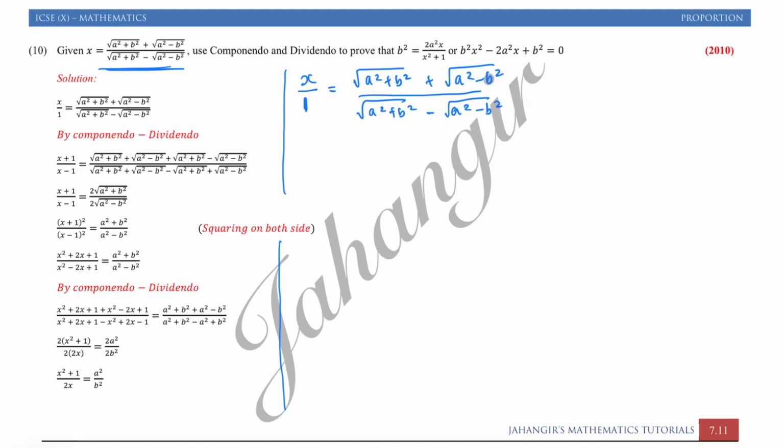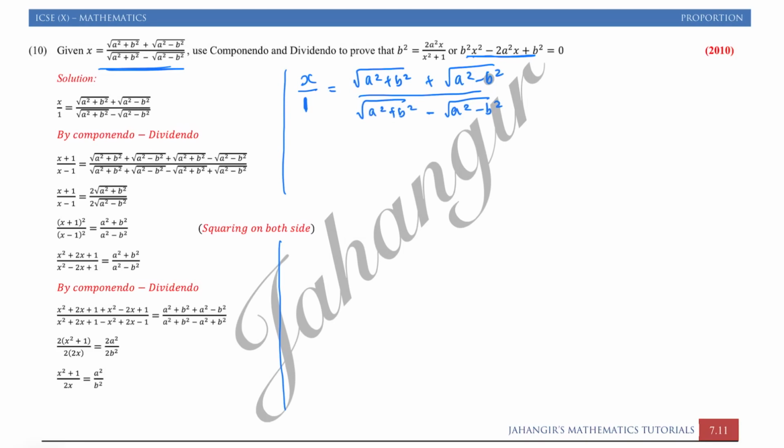Here you have to prove that b square is 2a square x upon x square plus 1, or this. You can prove both of them. It's quite simple. Once you get the b square value, you can just cross multiply and get the other part.